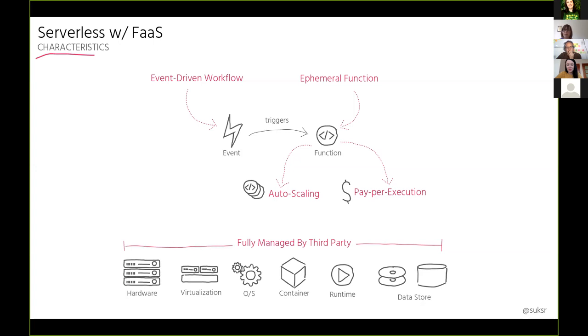The functions are automatically scaled dynamically by usage, so we only pay for execution. When we don't use our function, it goes idle and shuts down and costs nothing.